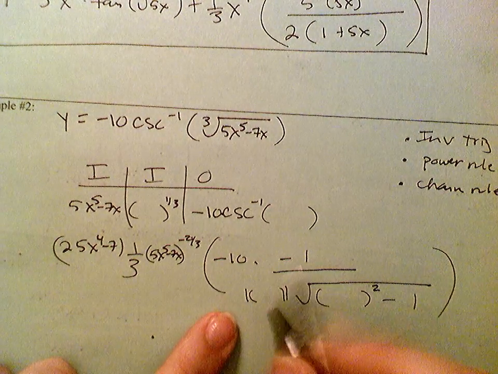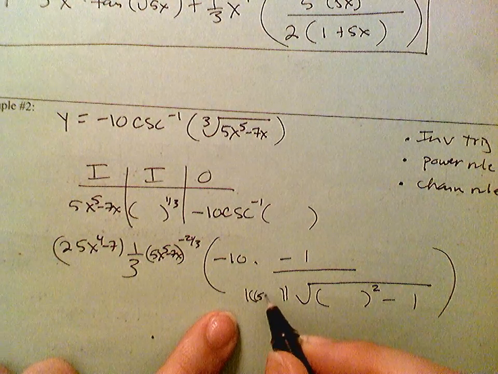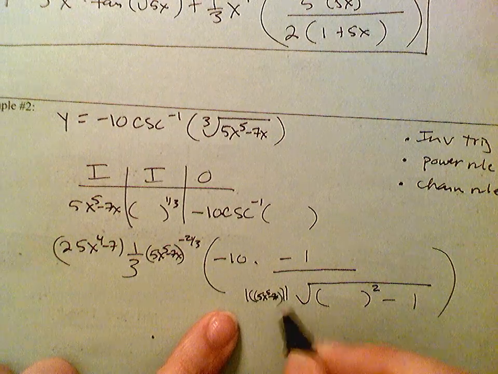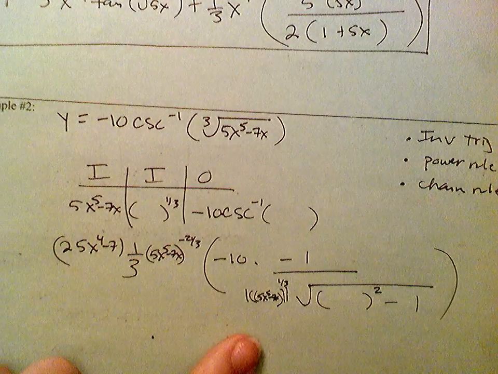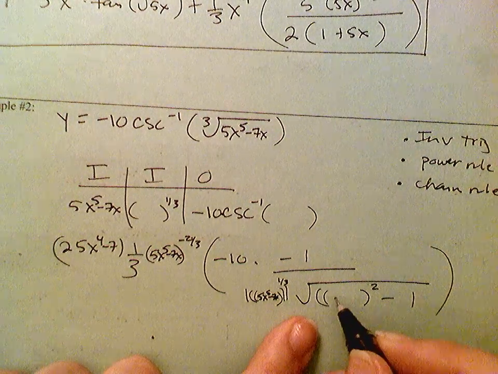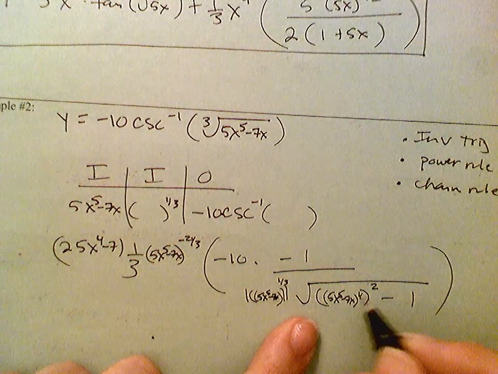So this is going to be 5x to the 5th minus 7x to the 1/3. I'll make that look nicer later. And then this is 5x to the 5th minus 7x to the 1/3.